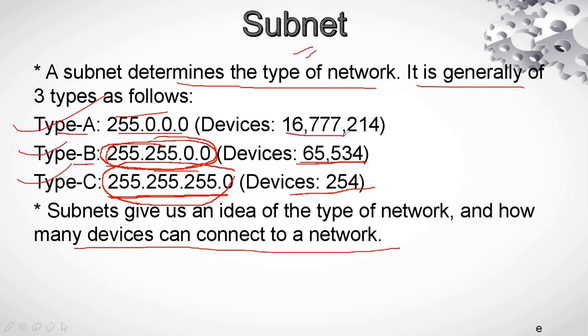You can connect about 16 million devices to this Wi-Fi network, which is rather a very huge number. You can just imagine 16 million devices can connect to this certain Wi-Fi network. And maybe the Google headquarters use this type of network because they might have so many devices. They might have more than 65,000 devices.